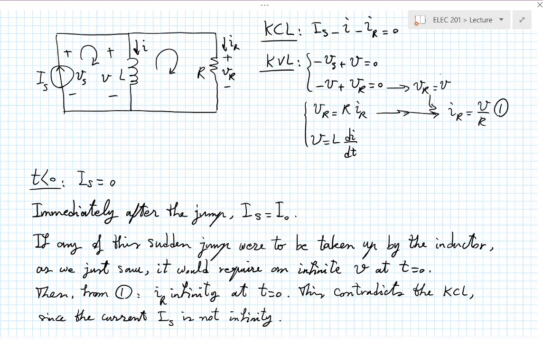The other thing I want to say is, if the sudden jump cannot at all be taken by the inductor, so all the sudden jump is taken by the resistor, you know that the current in the resistor immediately after the jump is the full IS.